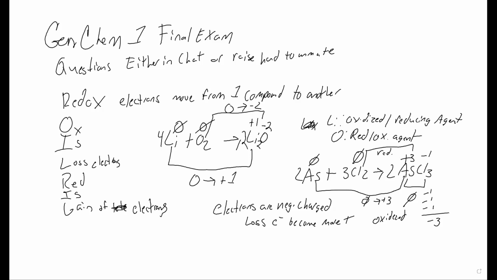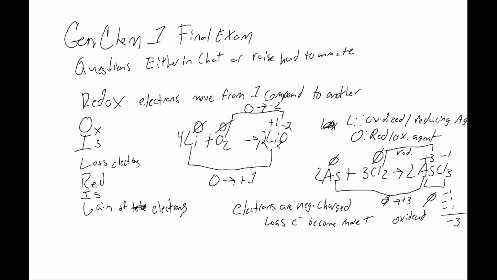If a compound has a charge, that's used instead of 0. For example, here's another example problem that's online. We have Cr+ plus Sn4+ goes to Cr3+ plus Sn2+.